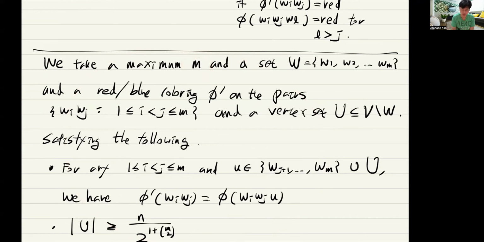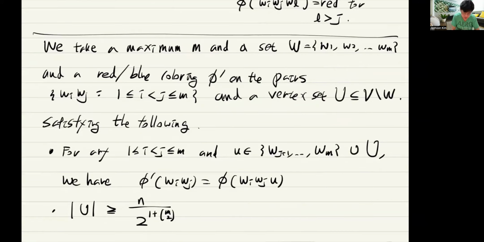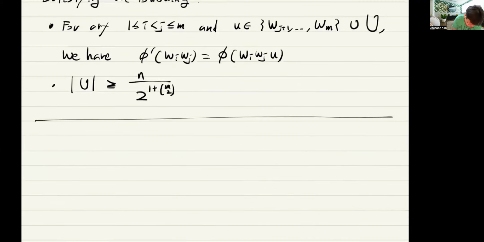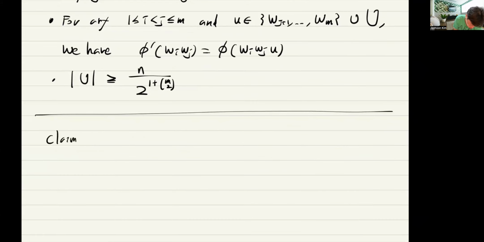There could be multiple choices of W, U, and pi prime, and for each of them you write down the value of m, the size of W, and you choose one which has the maximum. Then our claim is that m is actually bigger than r plus 1.